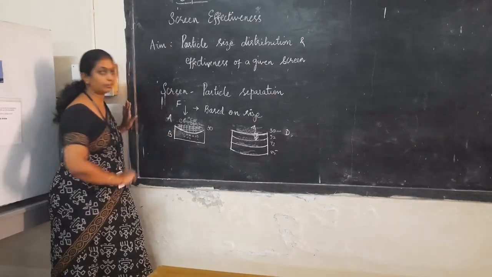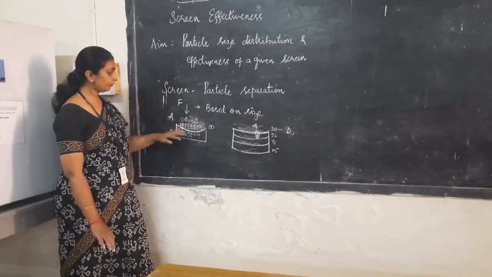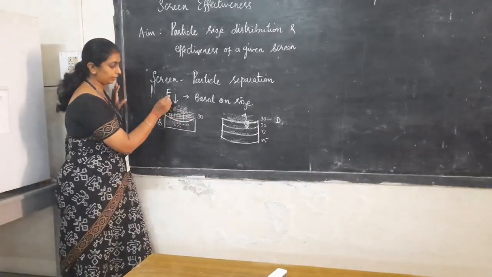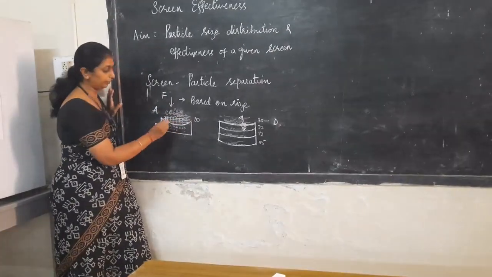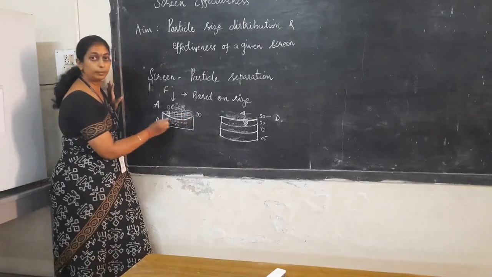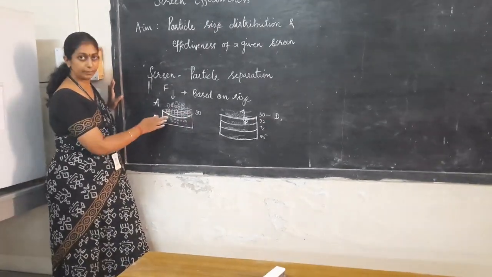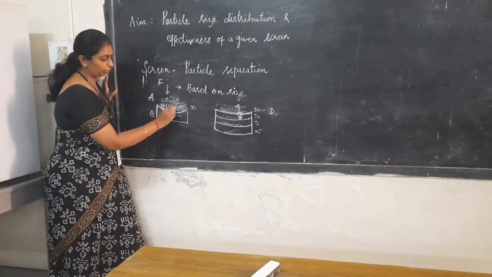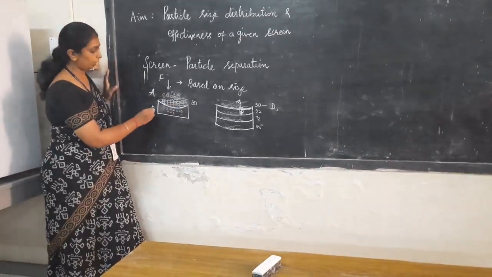Let's consider this as fraction B. So what are we now trying to do? We are trying to separate the feed into two different fractions. We will have to analyze whether this particular screen is capable enough of separating the particles bigger than this, which is fraction A, and all materials smaller than this, as fraction B.